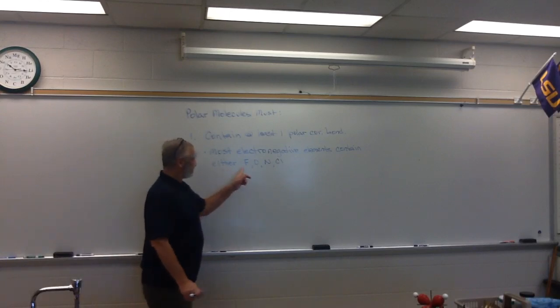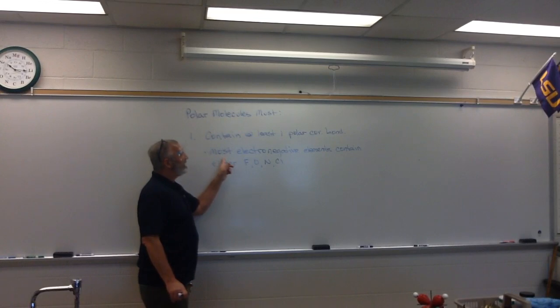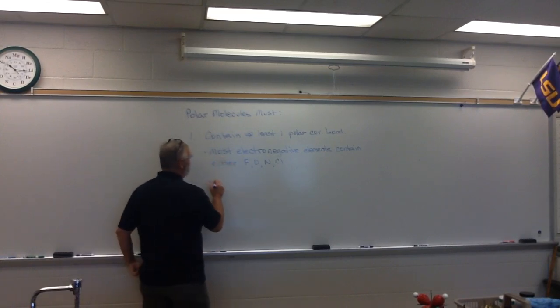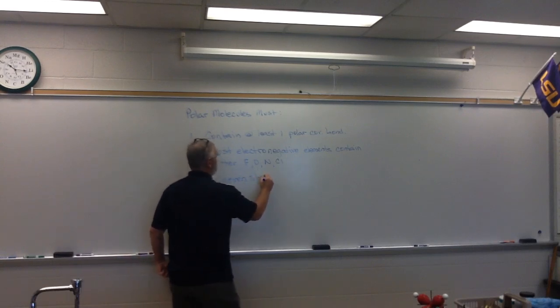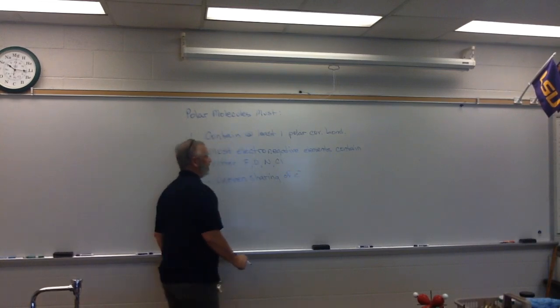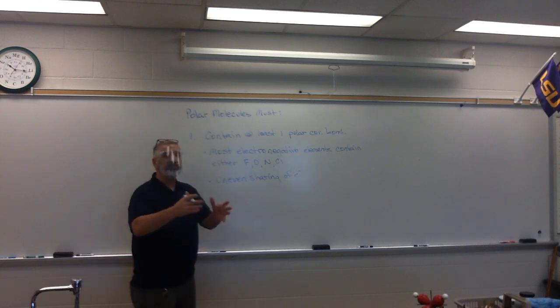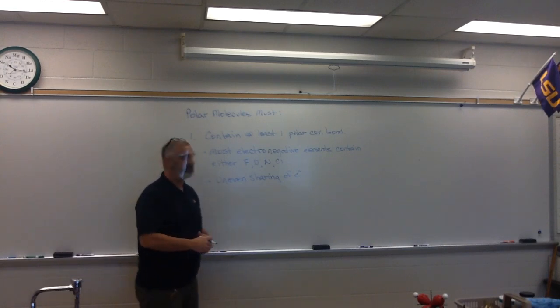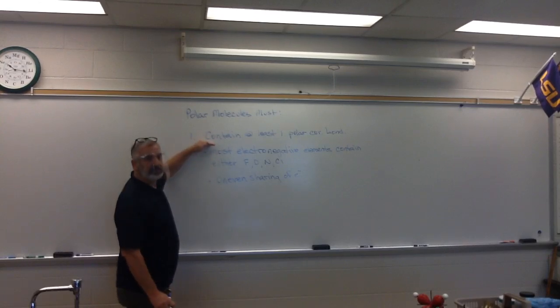Okay. Fluorine, oxygen, nitrogen, and chlorine. If we have one of these, we're going to have a polar bond. It's an uneven sharing of electrons, which causes an uneven distribution. The electrons are more towards one atom than the other. So you've got to have at least a polar bond.